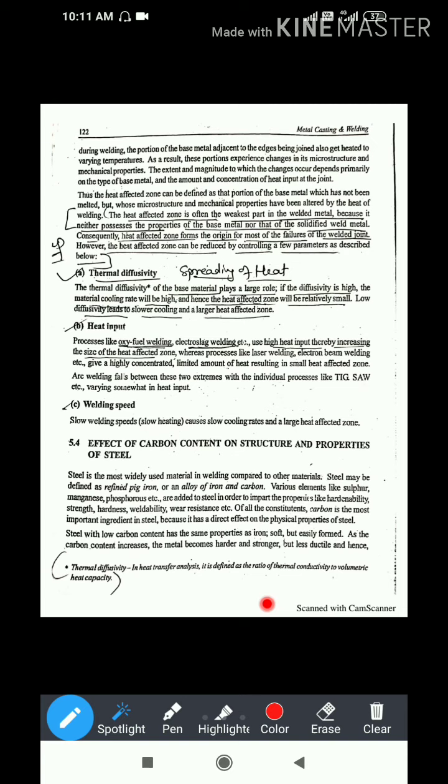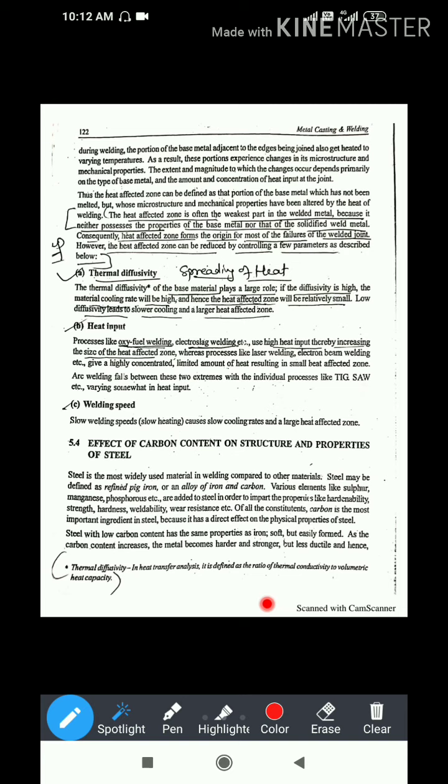Students, one more thing you have to keep in mind: if the steel has high carbon, the weldability requirement increases.